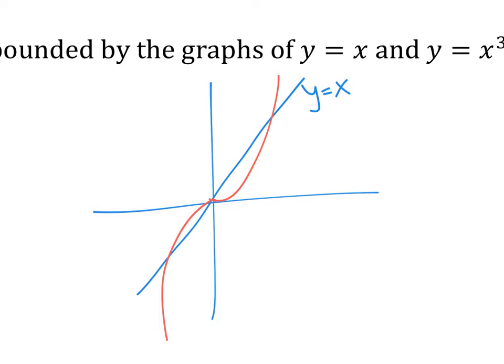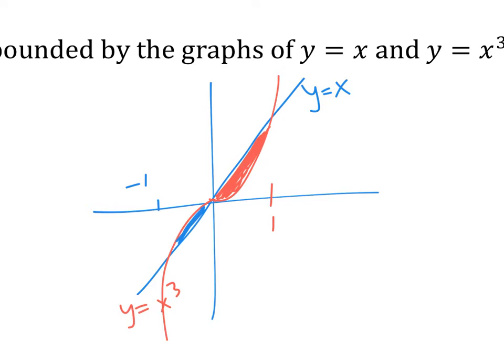Okay, so at negative 1, this curve is going to have x cubed on the top. And then once it goes to this side, from 0 to 1, x is on the top. Okay, so you're going to have to split it into 2 regions and integrate. So go ahead and do that.